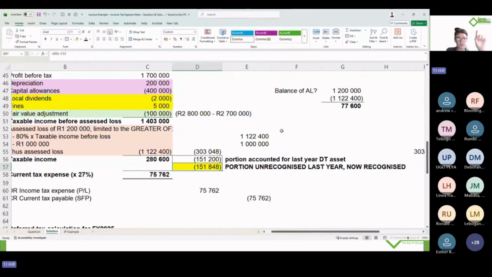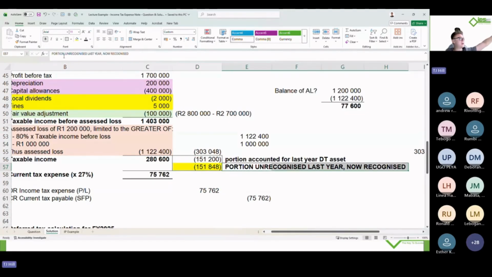Not because I was wrong, I was right not to do it, but I wasn't sure if this was going to be a good year. That's essentially the difference between those two. This year I've taken into account 303. Of the 303, 151,200 I already did last year as part of deferred tax. This is new.